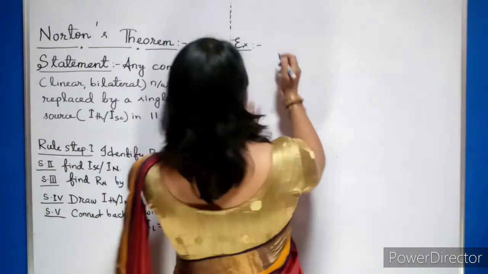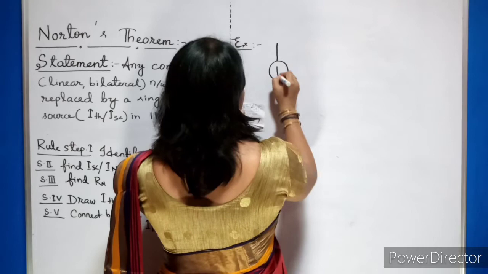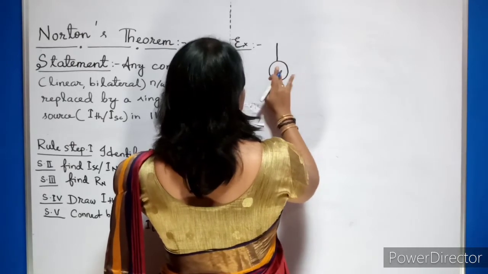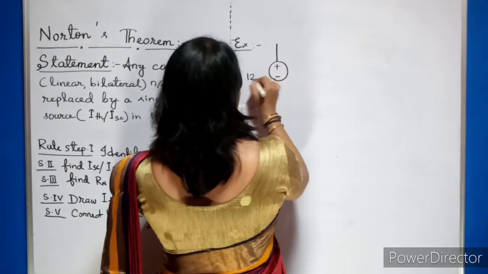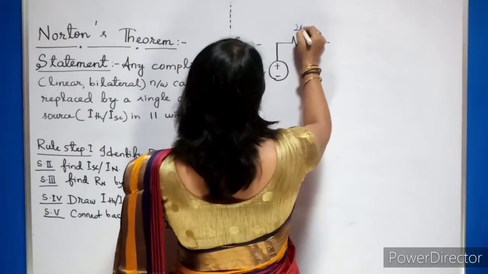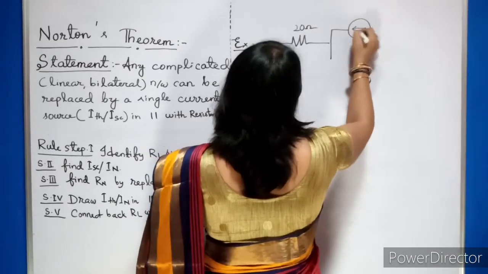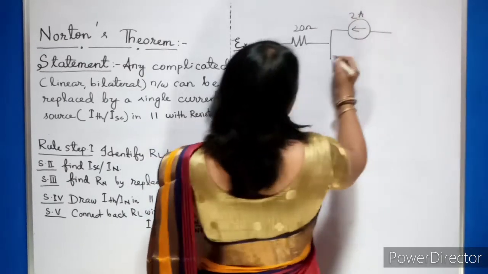For example, I am taking this circuit. I am taking a voltage source of 120 volt. Across it there is a resistor, let it be 20 ohm. There is a current source, let it be 2 amp.